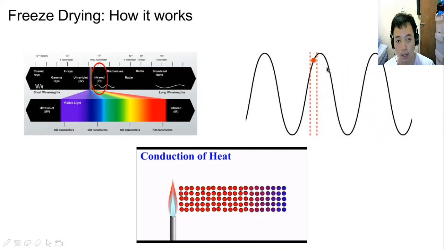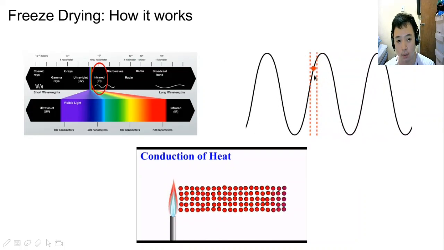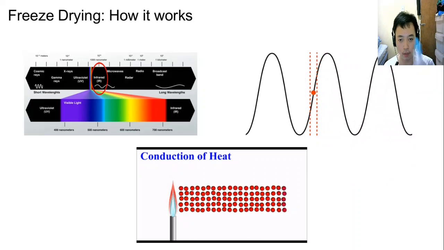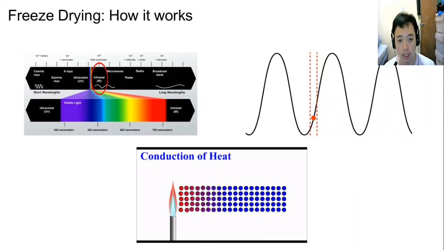Microwave affects the particle. So imagine this particle that's going up and down. That's the particle that is going to be microwave. So whether it is outside or inside of the product, it will be heated evenly. Now in conduction, let's say this is your product.